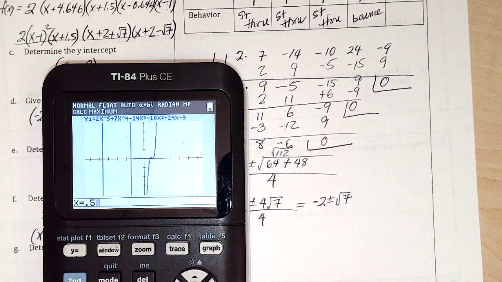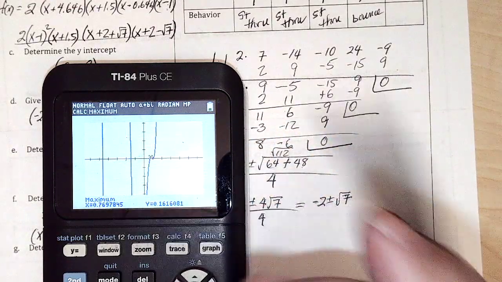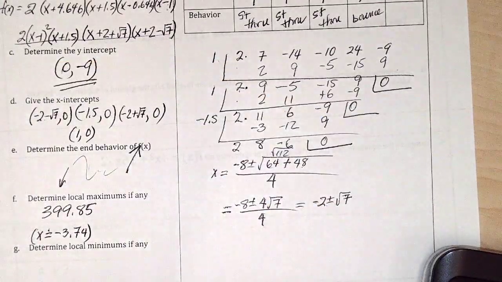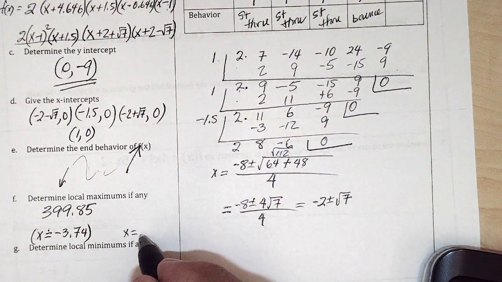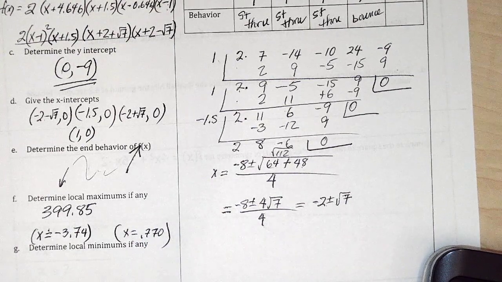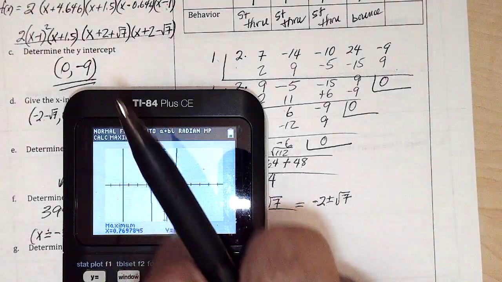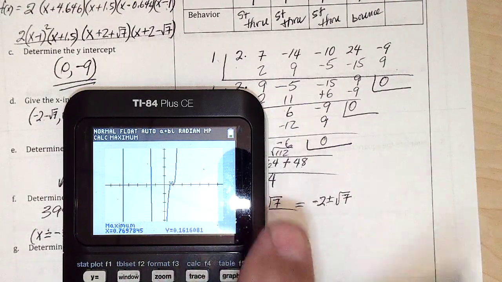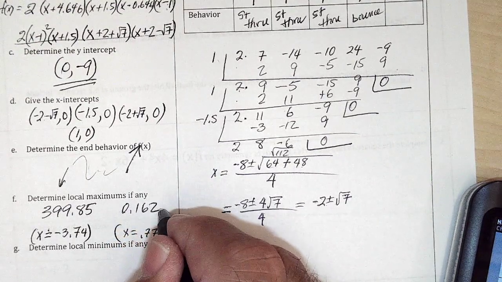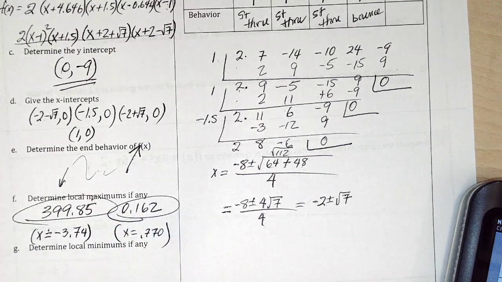I'm going to put a guess of 0.5, and it says it happens at 0.770. That's just a note for later. But the correct way to write the maximum is just how big is it? And it was 0.162 rounded. So this and this are the correct local maximums.